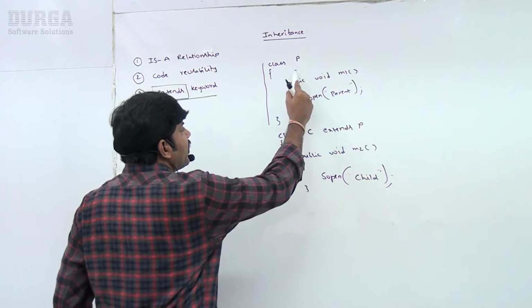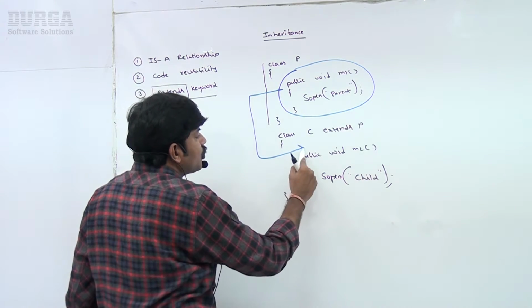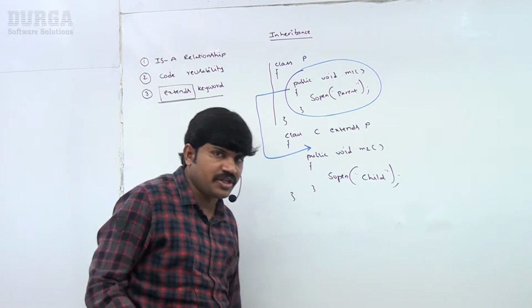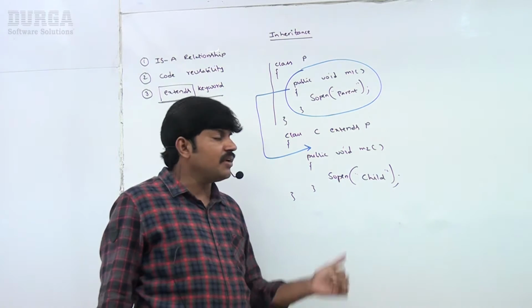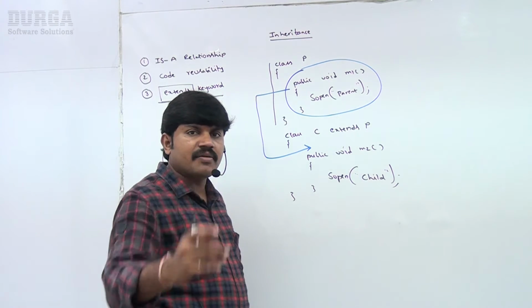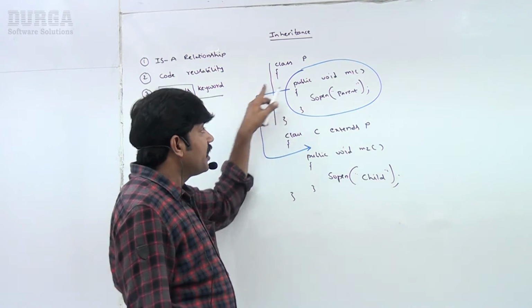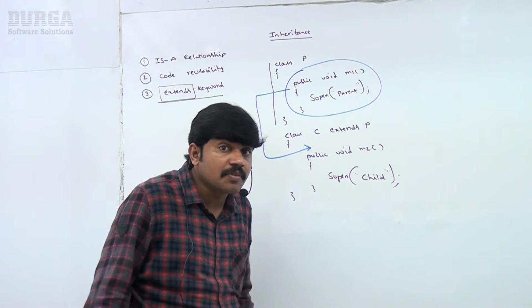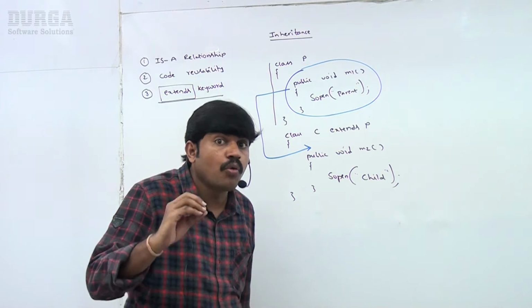Whatever members are available in the parent automatically come to the child. We are not required to redefine. On the child class object, happily you can call parent class methods also. This concept is nothing but inheritance, nothing but code reusability.